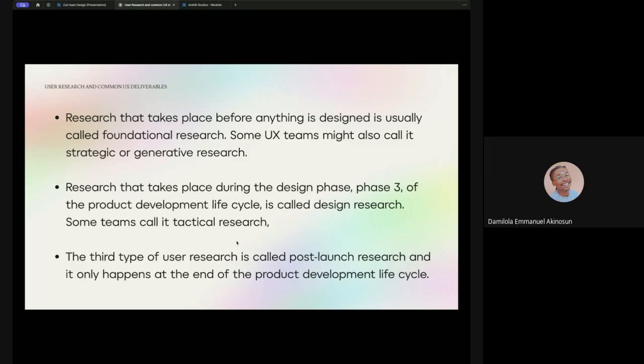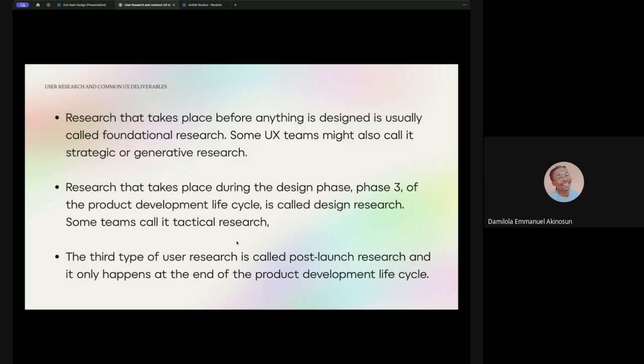One of the types of user research that we have is foundational research. The other one is called the design research, because that's the one that you do during your design process. So the research that you conduct before your design process starts is called the foundational or generative research.